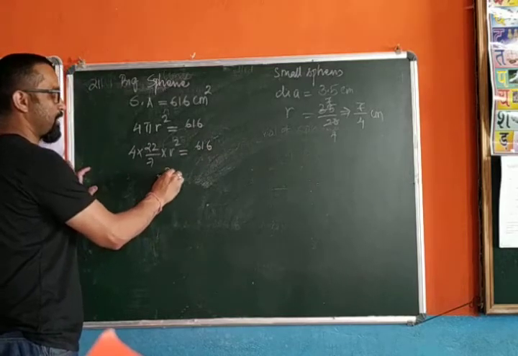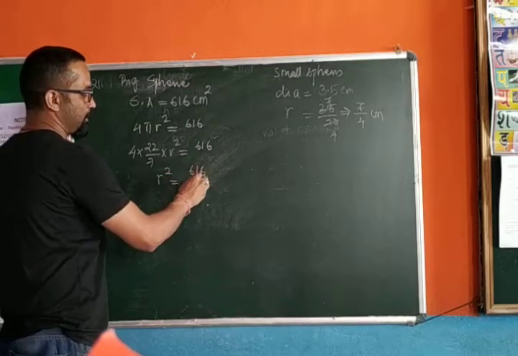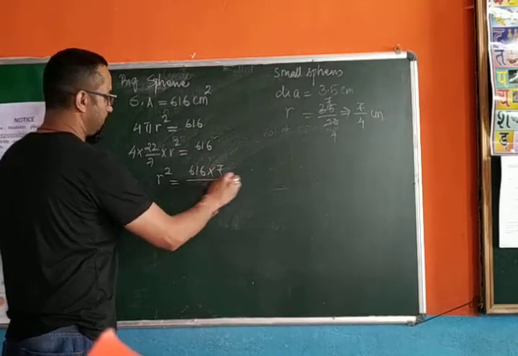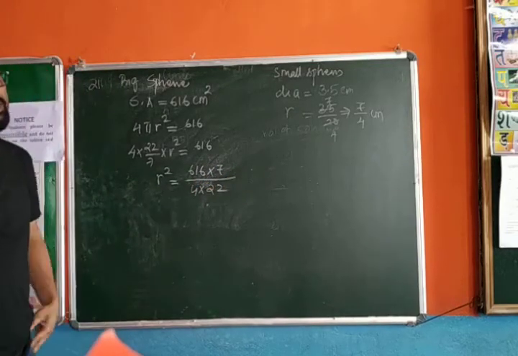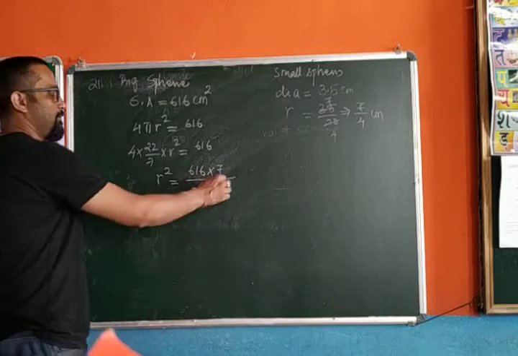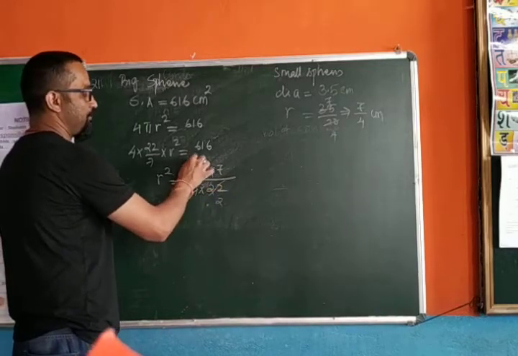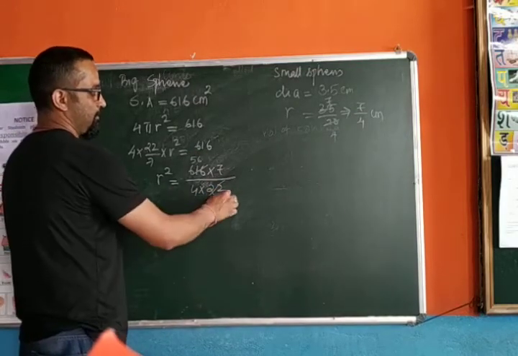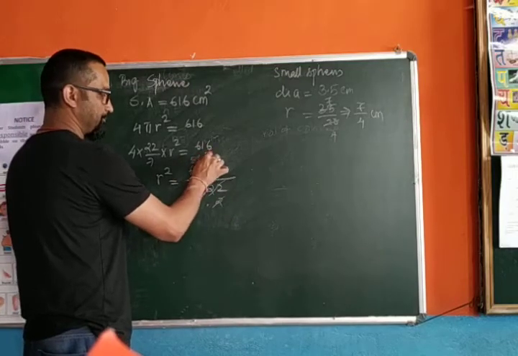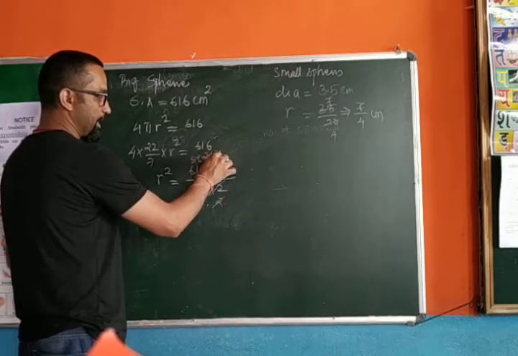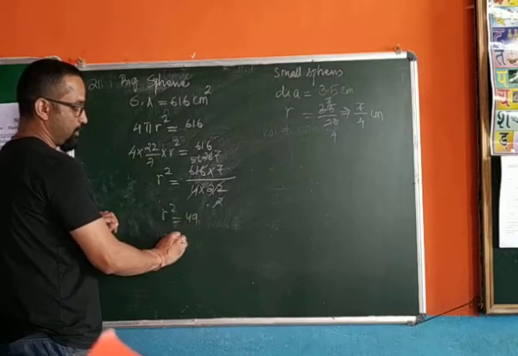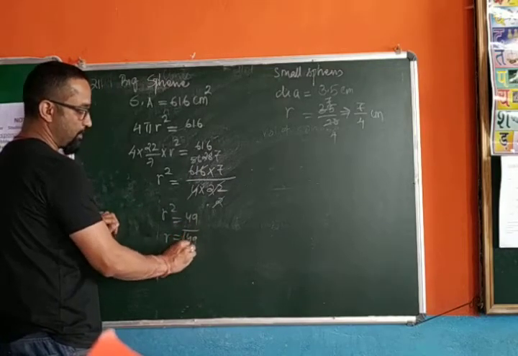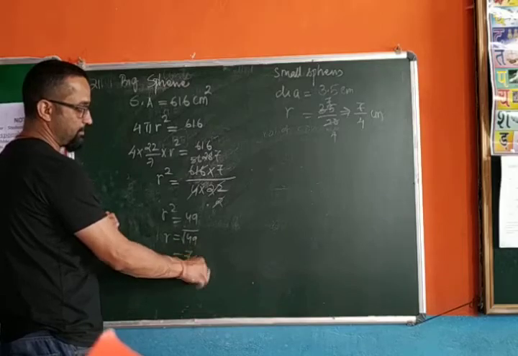Cross multiplication: r squared equals 616 into 7 divided by 4 into 22. It is divisible by 11. So r squared equals 49. r is equal to root 49. The square root of 49 is 7 centimeter.